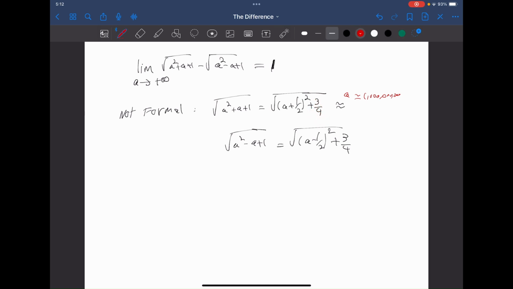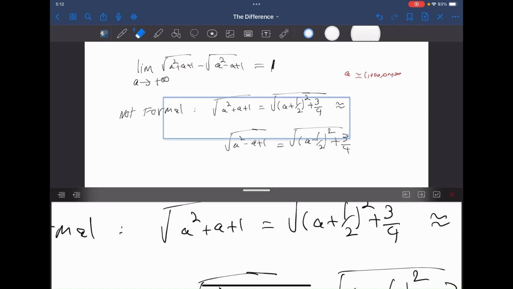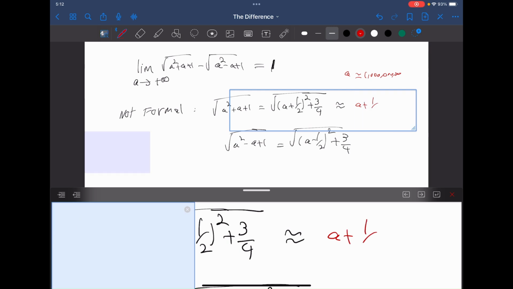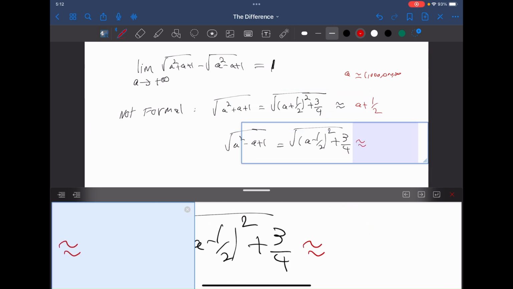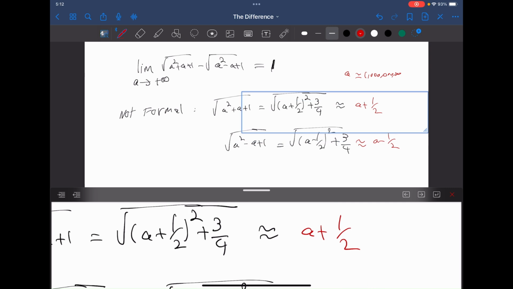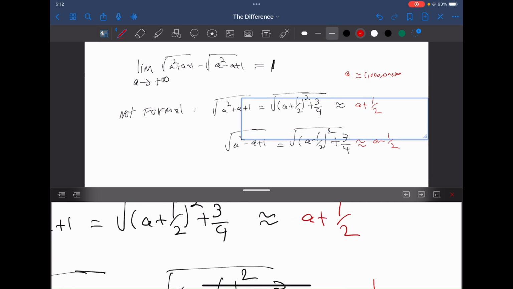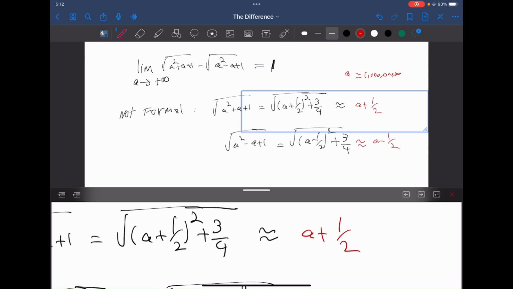And so I can sort of say that here we have a plus 1 over 2, the same for here. And now if you do the subtraction, you get a plus half minus a minus half, and you get 1.